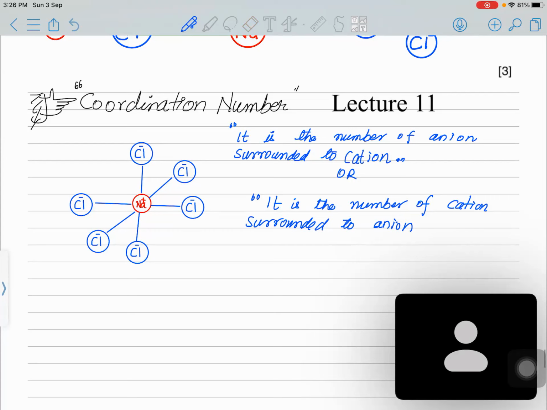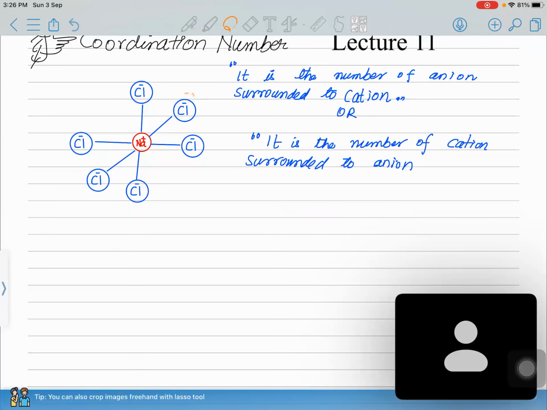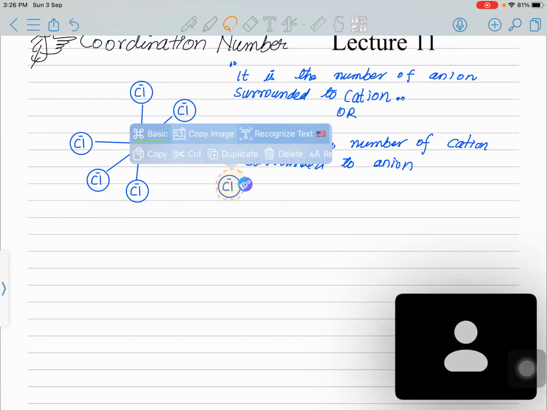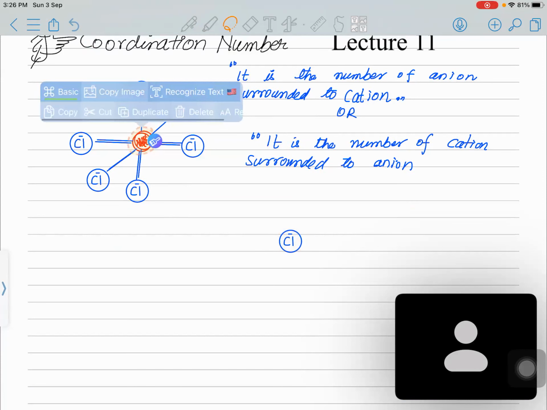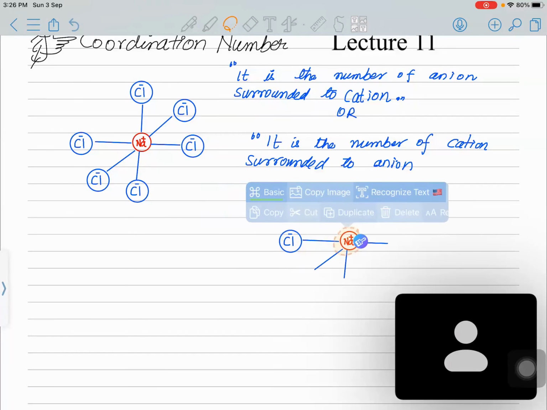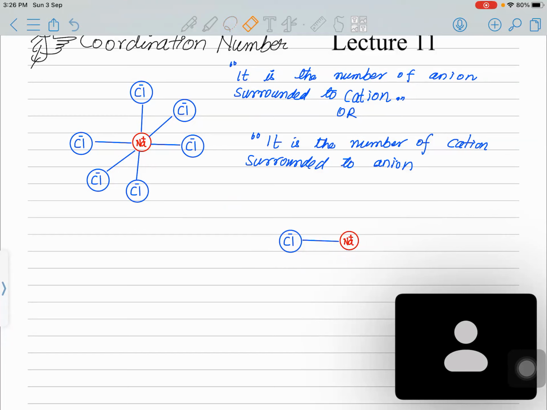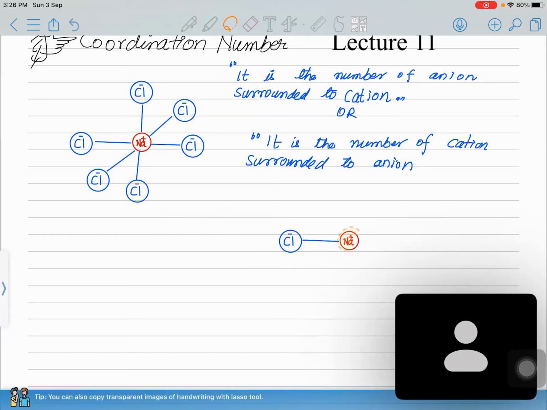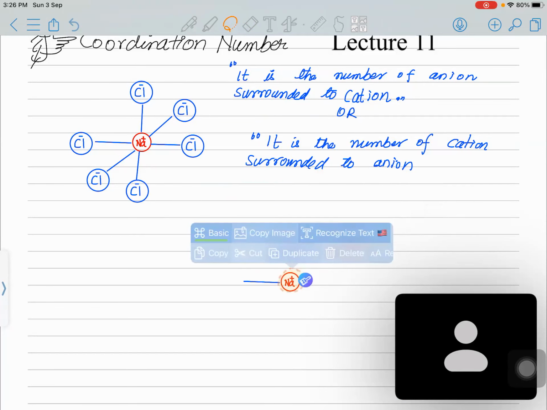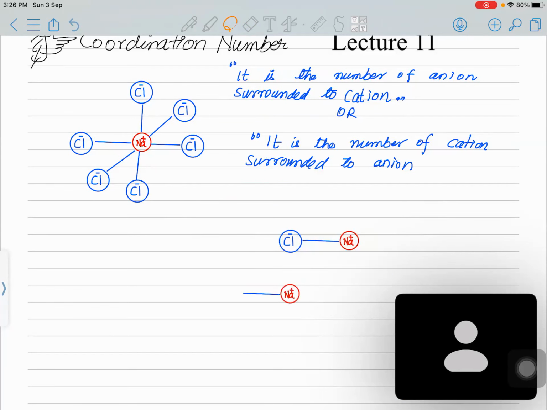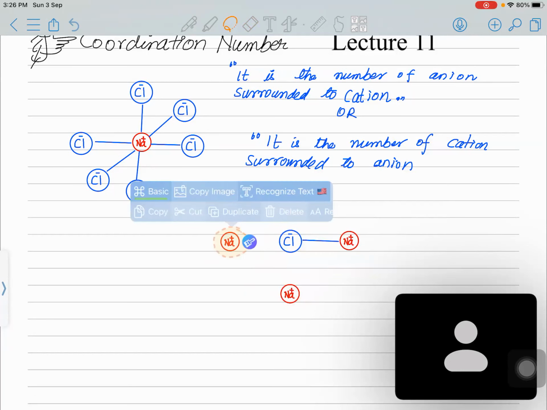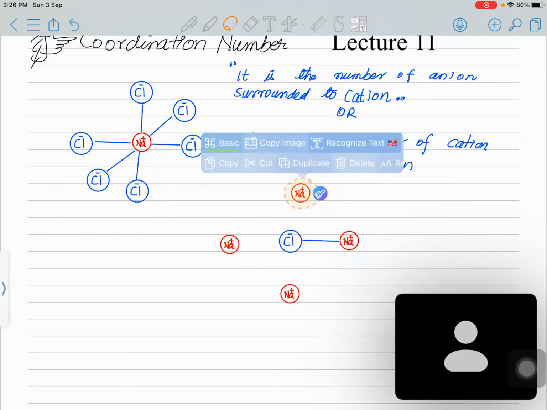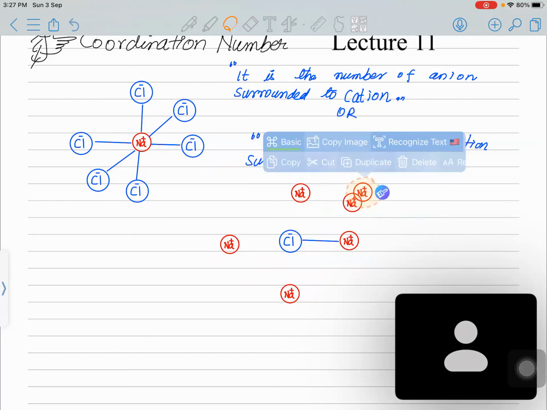For example, this is chlorine. It is surrounded by 6 sodium atoms.